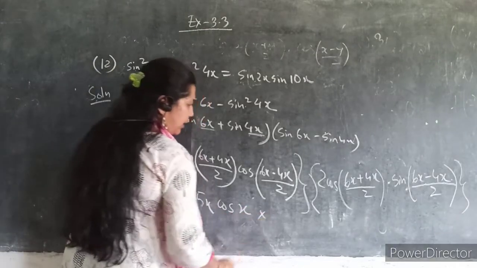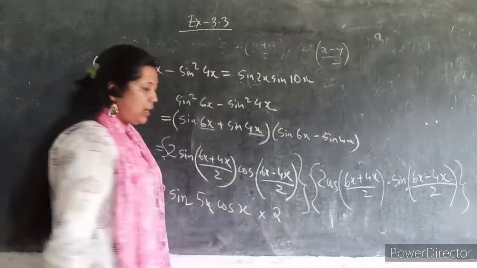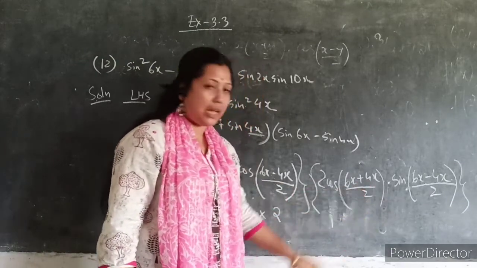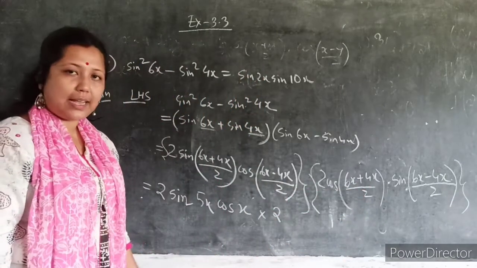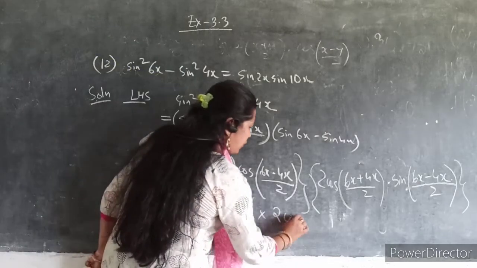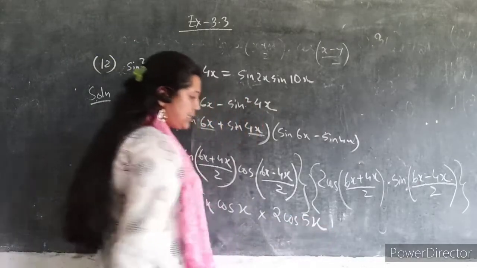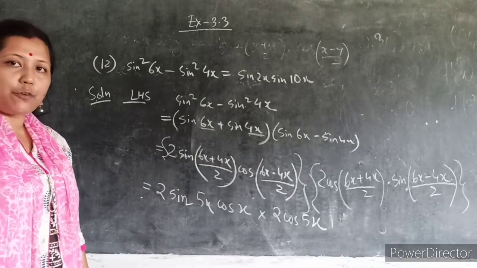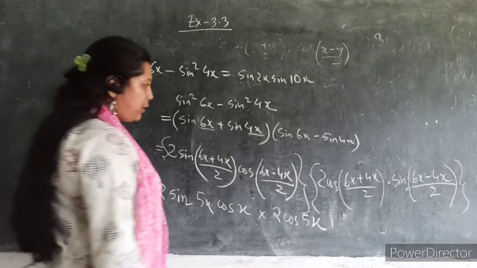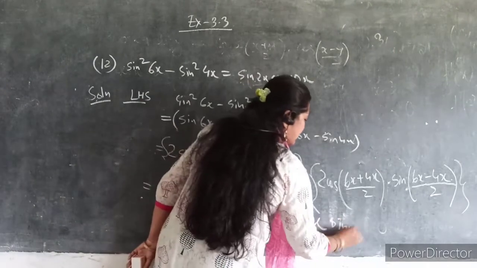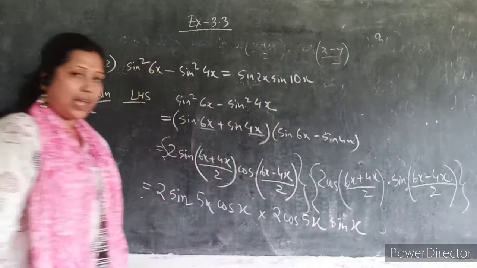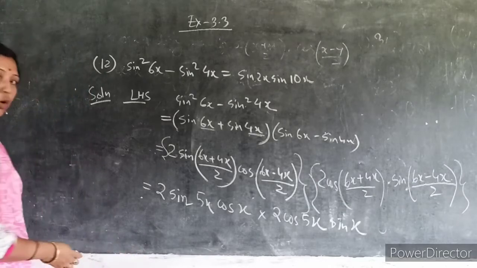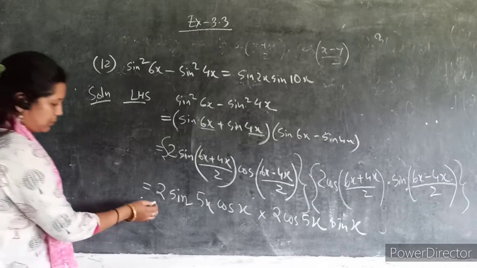Again into 2 cos of (6x plus 4x) divided by 2, that is 10x divided by 2, which is cos 5x. And the last term, sin of (6x minus 4x) divided by 2, will be simply sin x.